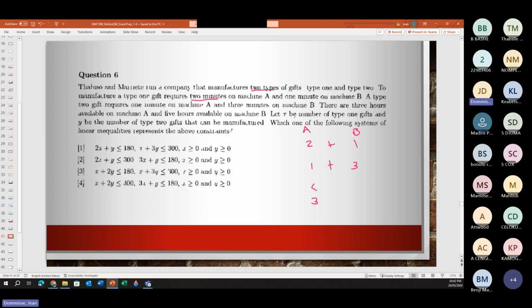Oh, sorry, there are 3 hours available on machine A, and there were 5 hours available on machine B. Let X be the number of type 1 gifts. Let Y be the number of type 2 gifts.